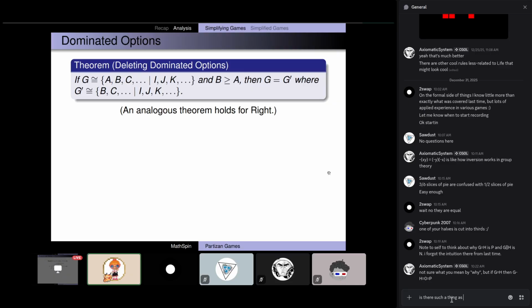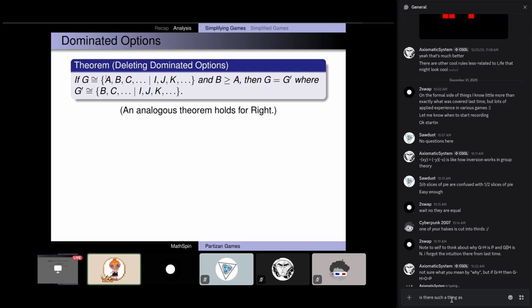So there's a theorem, sometimes called the leading dominated options theorem, which says exactly that. If G is this game where left has options like A, B, C, and right has some options, whatever, I, J, K, and this B option is greater than or equal to A, then G is equal to G prime, where G prime is G with A deleted.